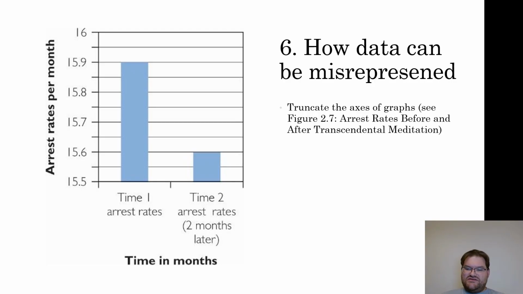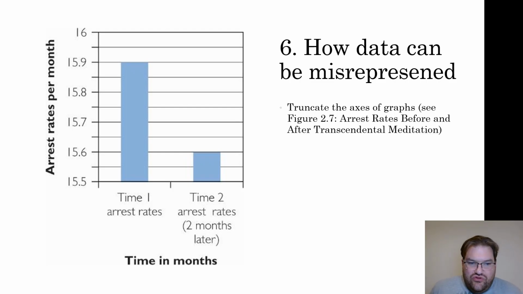But let's examine this further. Look at the vertical axis. What does it start with? It starts at 15.5. What does it end with? What is the top? What is the last number? 16. They have truncated, they have shortened, they have cut off parts of the graph.